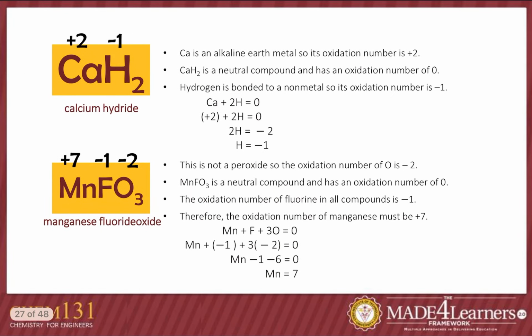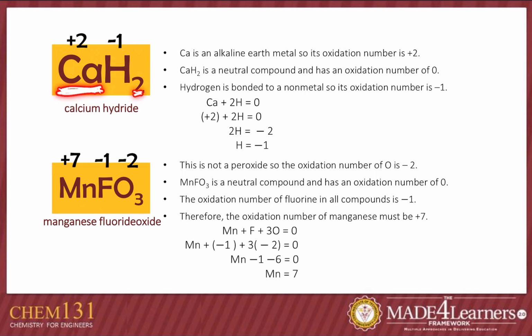Another example. So we have calcium hydride. So this is a special case. This is a case here where hydrogen is now combined with a metal. So calcium belongs to group 2, and the oxidation number of group 2 will always be positive 2.